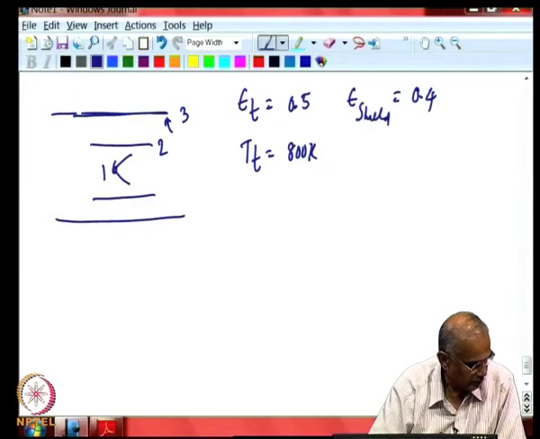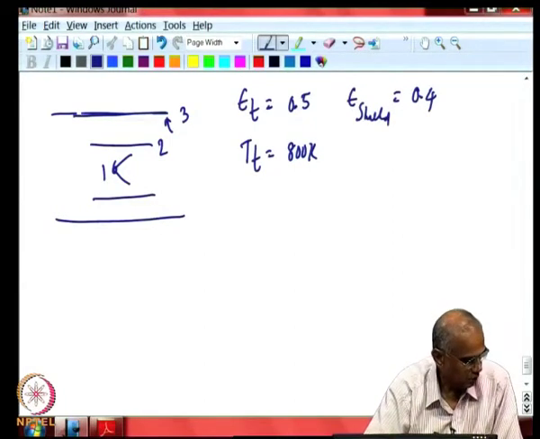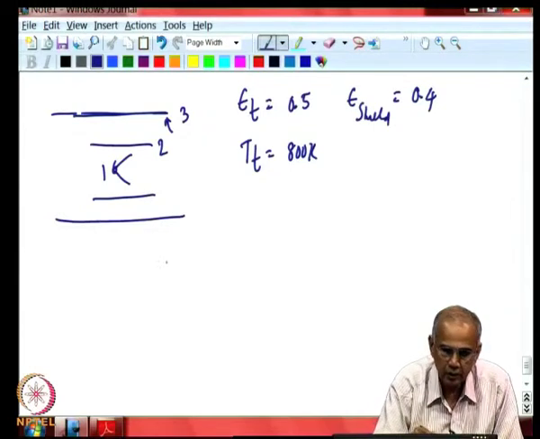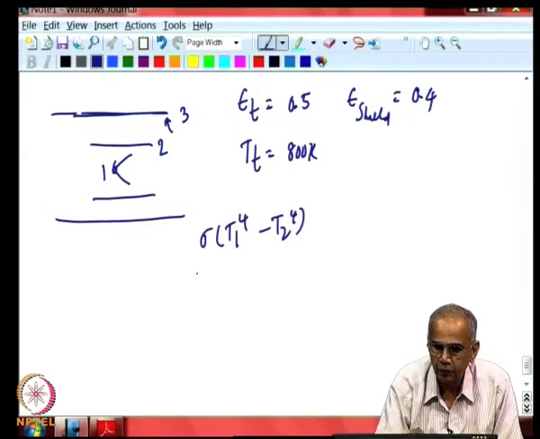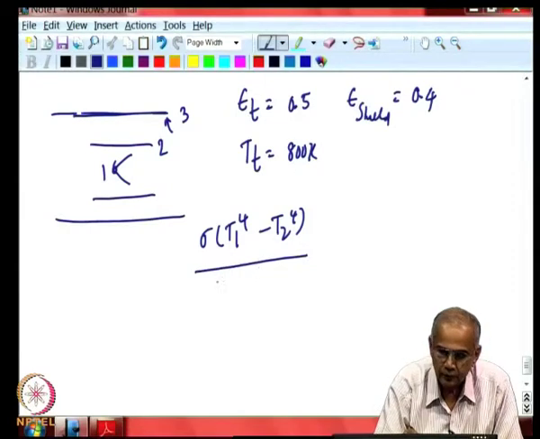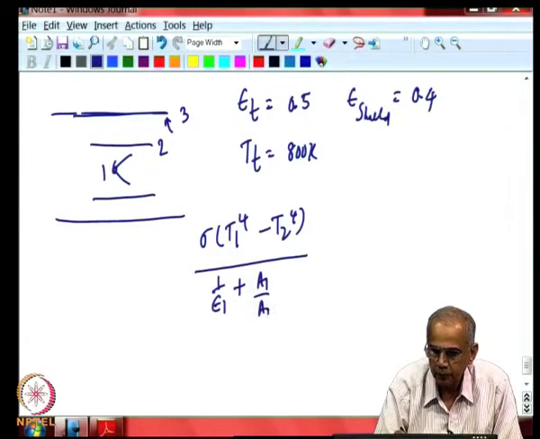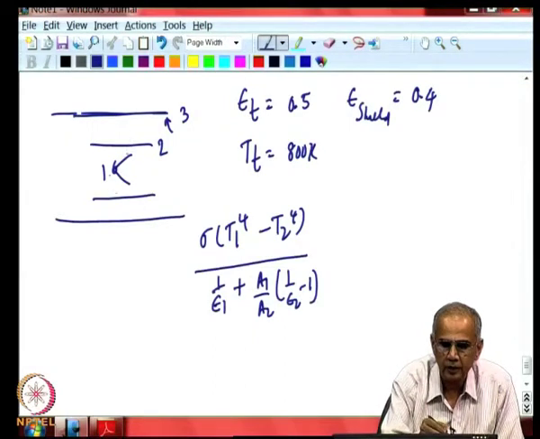So, you can calculate the heat transfer from the thermocouple to the shield, and heat transfer can be written as sigma (T1 to the power of 4 minus T2 to the power of 4), divided by 1 over epsilon 1 plus A1 by A2 times (1 over epsilon 2 minus 1). This comes by writing down the electrical analogy between electrical circuit 1 and 2.